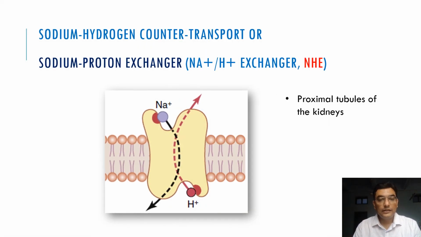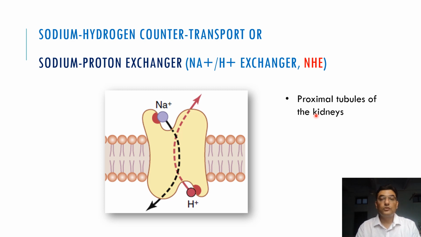Now another antiport is the sodium hydrogen countertransport, more commonly known as sodium proton exchanger, or Na plus ion H plus ion exchanger, or NHE. As you can see, there is movement of sodium ion towards inside and H plus ion towards outside, and it is present in the proximal tubules of the kidney.